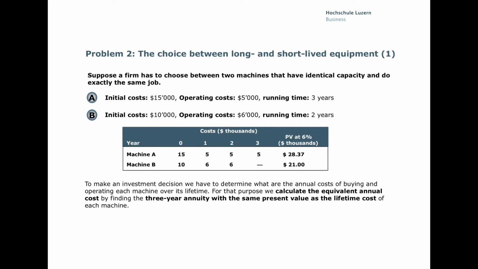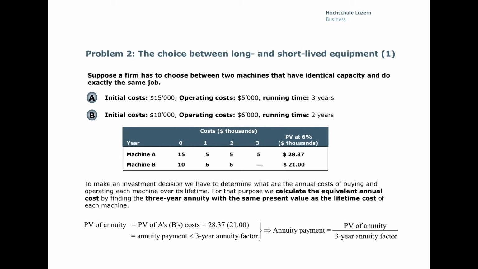However, to make an investment decision, we have to determine the annual costs of buying and operating each machine over its lifetime. For that purpose, we compute the so-called equivalent annual costs. This is done by finding the annuity with the same present value as the lifetime cost of each machine.